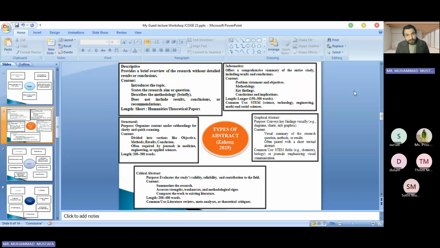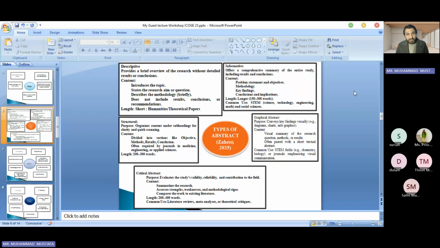But in other types of abstract, we have to avoid these subheadings, but we have an option in a structured abstract. We can use subheadings as per the demand of the journals, as per the demand of the conferences. We may use subheadings if they are asking for a structured abstract.